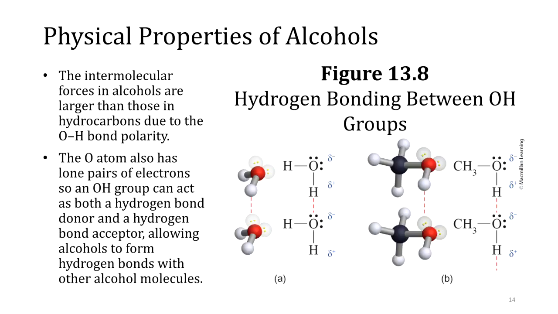Now, the physical properties of alcohols are strongly affected by the OH group. You could have a big molecule like hexane, where you've got lots of atoms, and if you stick an OH on there, you radically transform that molecule. The reason is that the intermolecular forces in alcohols are driven by that OH bond.